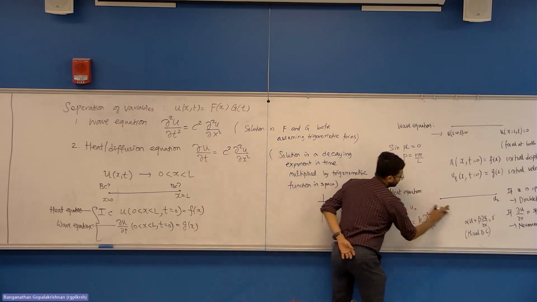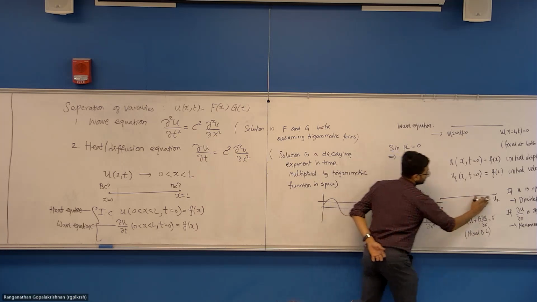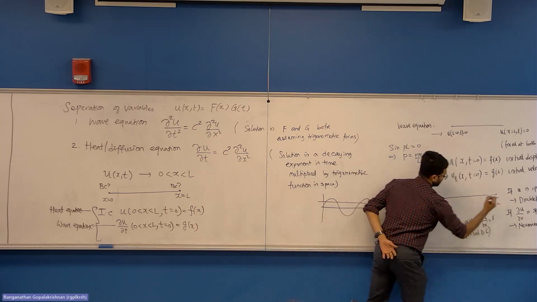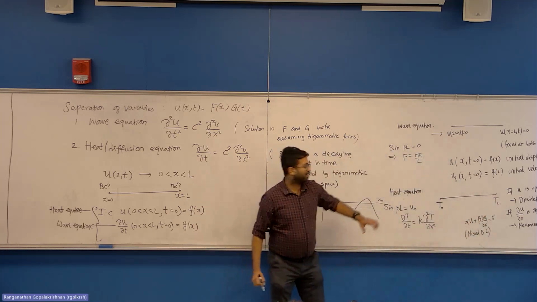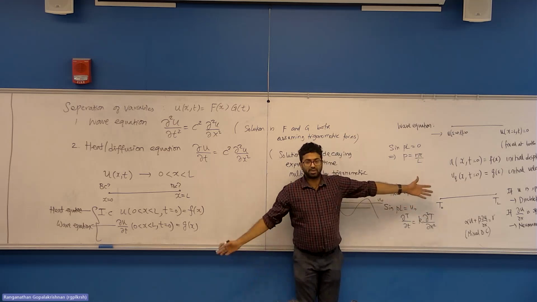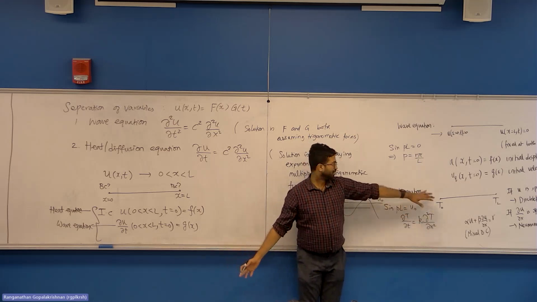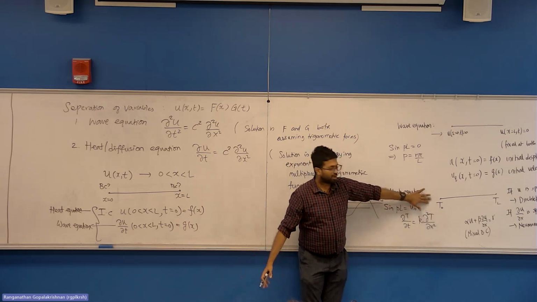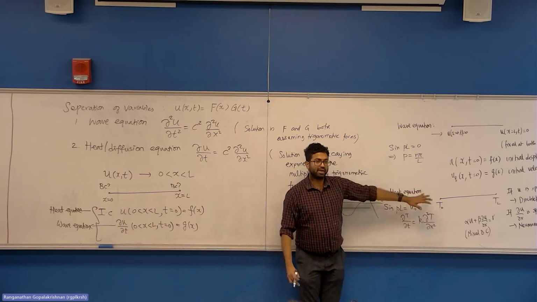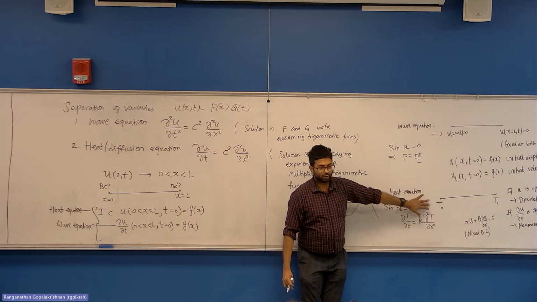And you have, let's say, T naught and TL, typically a value like 273 Kelvin, 300 Kelvin. How do you make this problem easier to tackle?